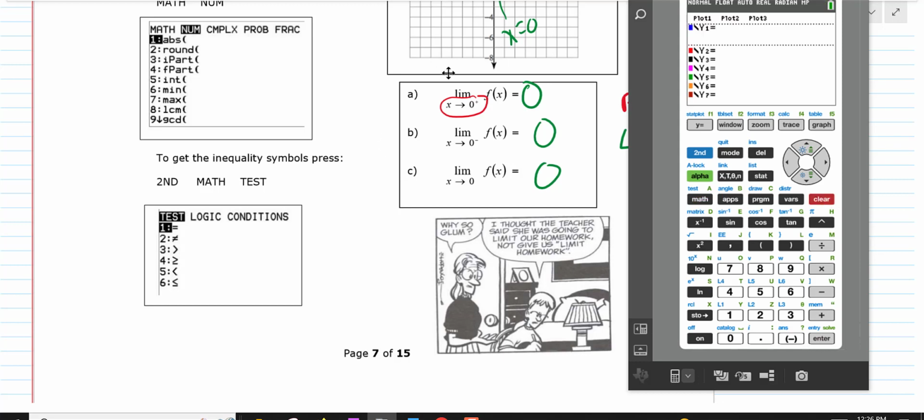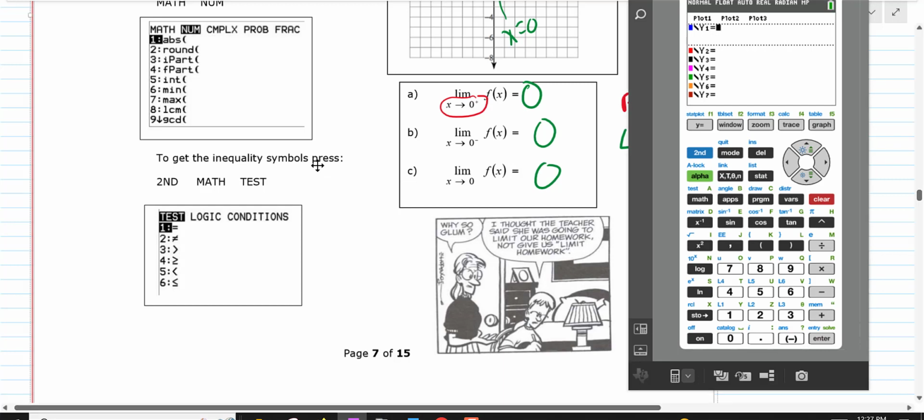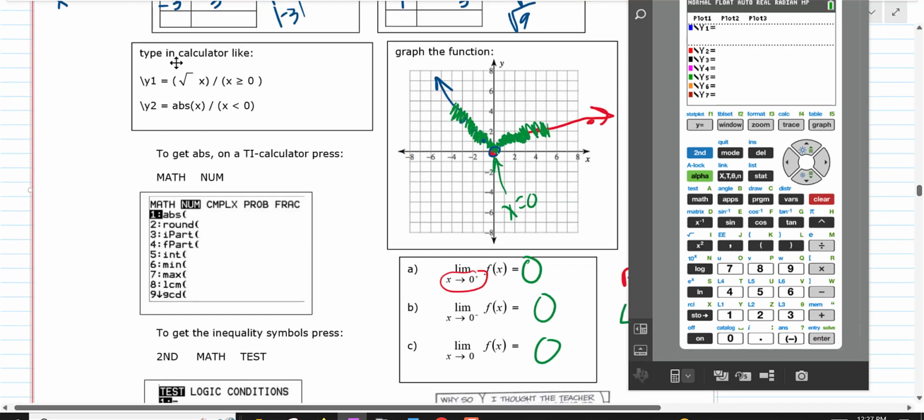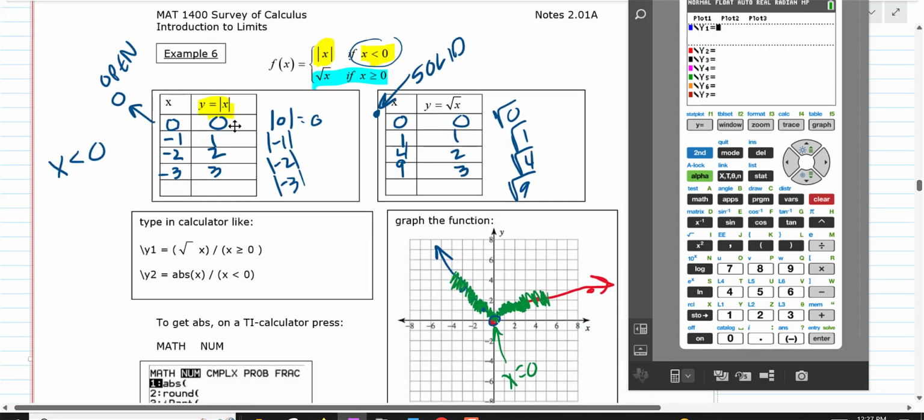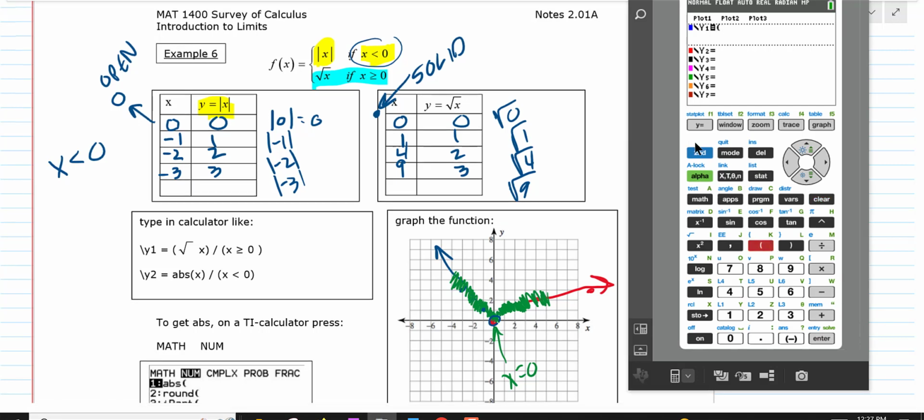Okay, so the first graph we're going to put in, and I wrote on here how you put it in like this. So we go to y1. You want to put the square root in parentheses. So you have to go like this, parentheses, then you put square root of x, like that, get out of that and close parentheses like that. So you have to have the function in parentheses. Then you do a division symbol.